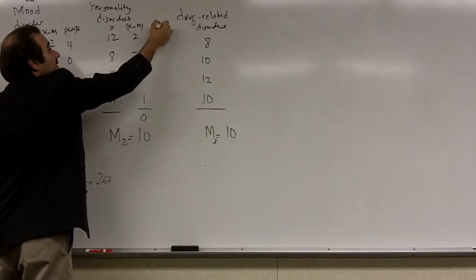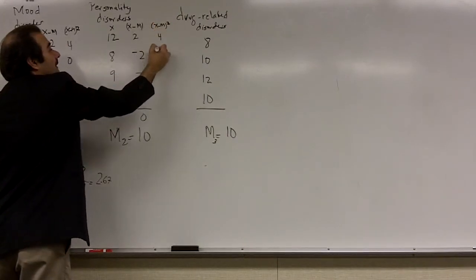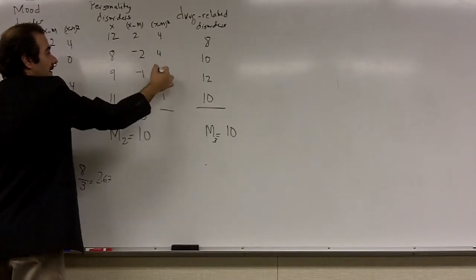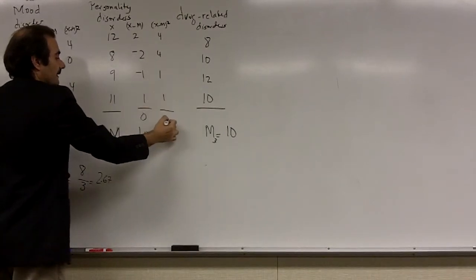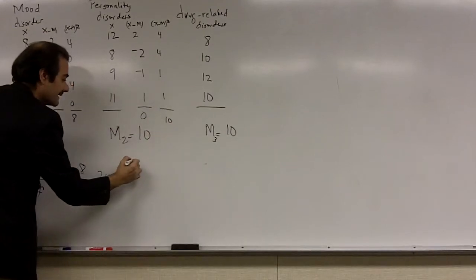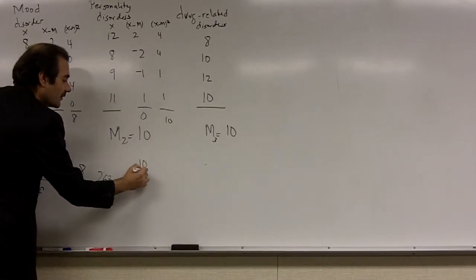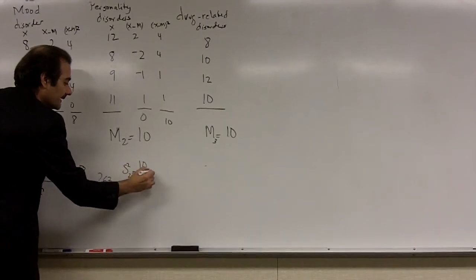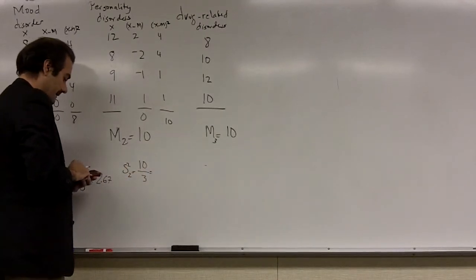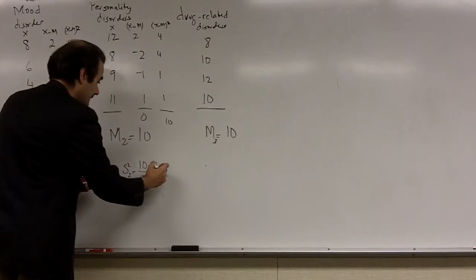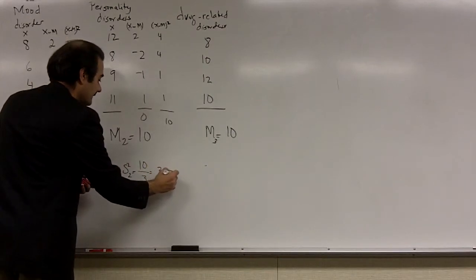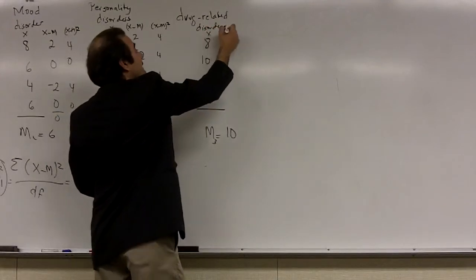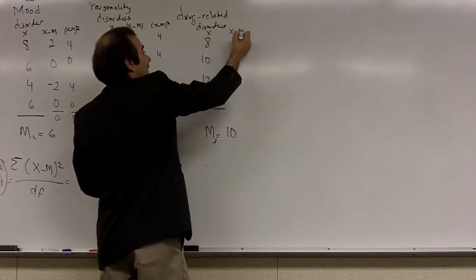So x minus m squared gives us a 4, a 4, a 1, a 1, and that's 8, 9, 10. So the sum of squared deviations here is 10 over 3. So s squared 2 is 10 over 3, which is 3.33.